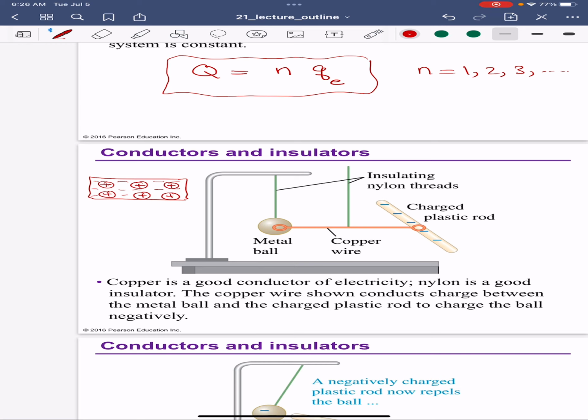And of course, they are really good charge carriers. Some of the materials, we call them insulators, because they don't have these free electrons.